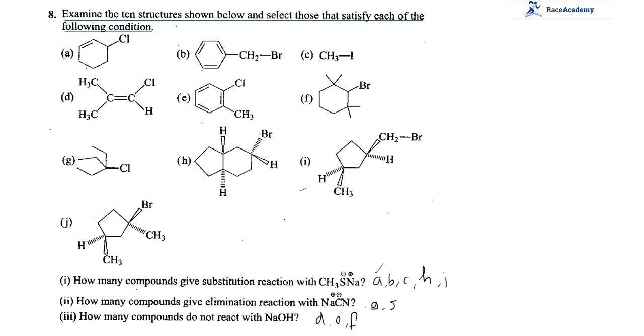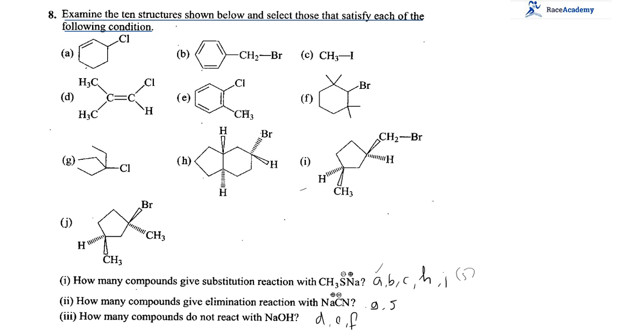H, you see, in the case of H, decalin, in this also there is a possibility of substitution where bromine is attached here, and if you take I, there also the bromine is linked with the methylene group, which is reactive. So 1, 2, 3, 4, 5, there are 5 products possible.